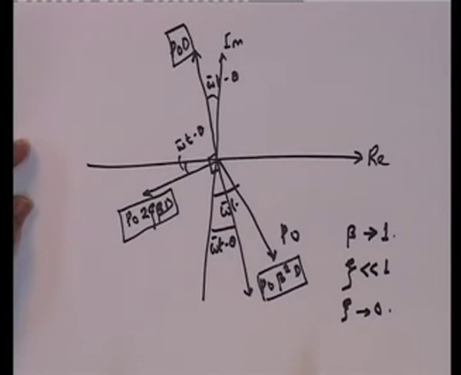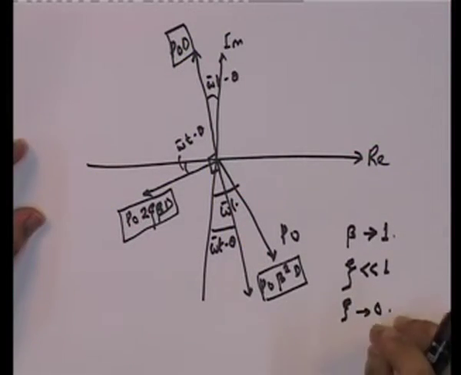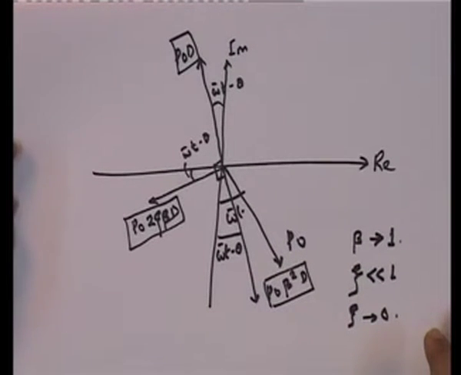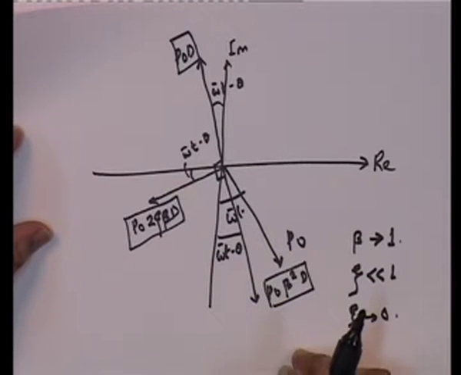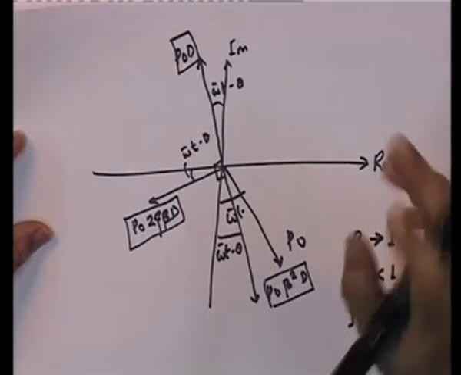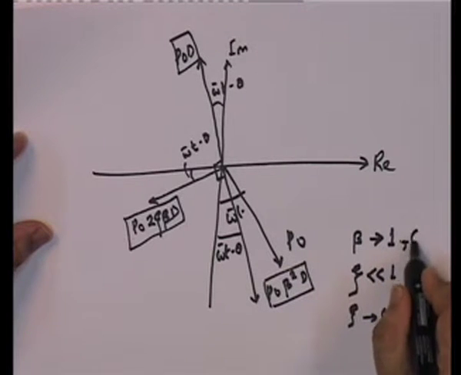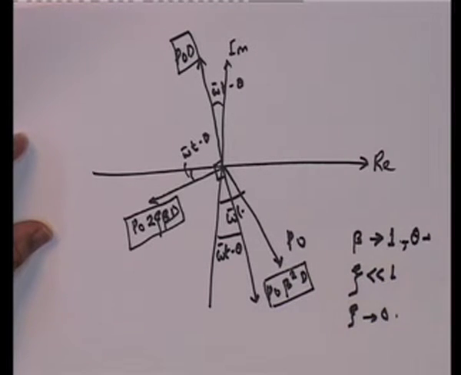Because you do not have a steady state if you have xi equal to 0. But let us say that it tends to 0, then what happens? Let us look at this. If beta tends to 1, what do you have? You have P naught d. Remember that if beta tends to 1, what happens to theta? Do you remember? Let's look at that.